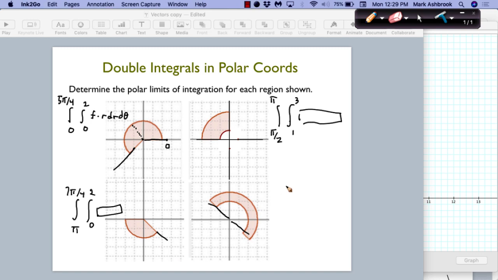So for this last one, r goes from 2 to 3, and theta. Here we're kind of stuck. We have to do something with negatives, so this would have to be negative pi over 4. After I just said that you don't, you have to here.